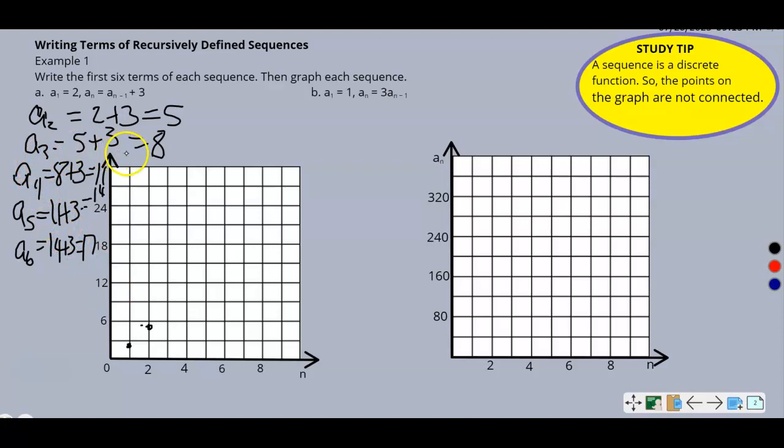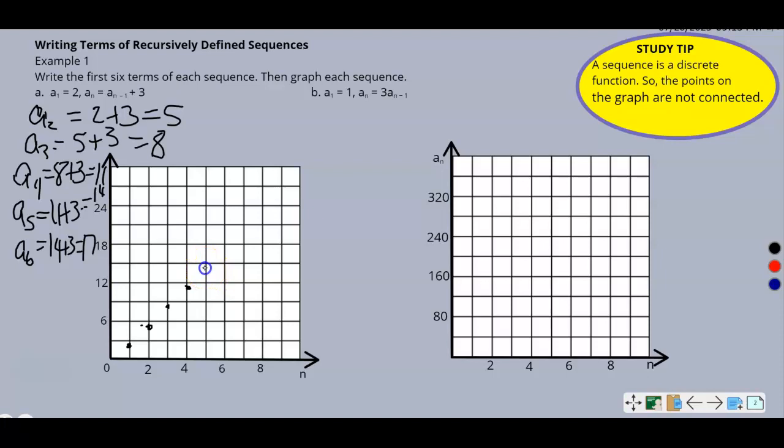All right, and then I've got my third term is 8. So 6, 9, 12. So 8 is going to be right in here somewhere. And then fourth term is 11. And then my fifth term is 14.